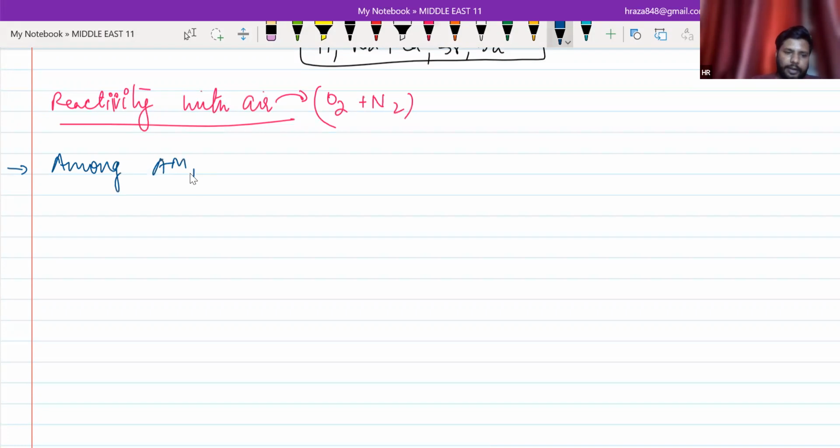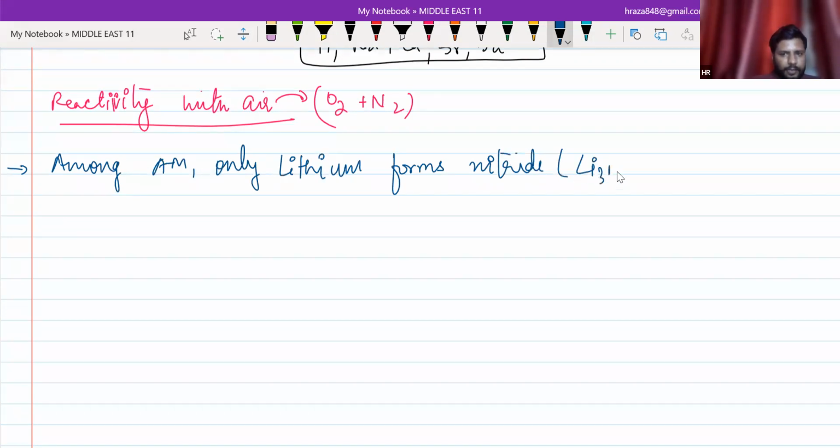Among alkali metals, only lithium forms nitride. Only lithium forms nitride, Li3N, due to the lattice energy effect.